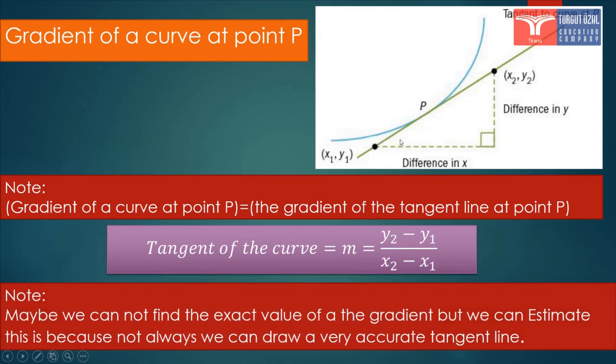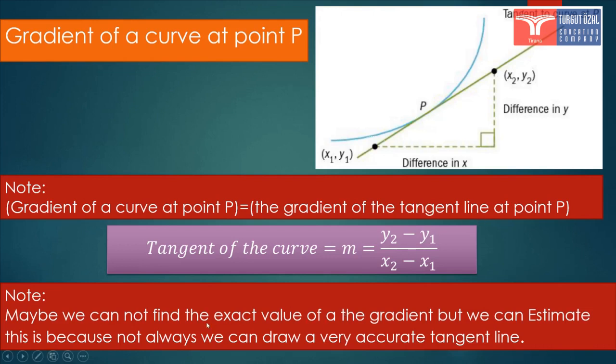But we need to be careful because we cannot always find an exact value for the gradient, because it is difficult to draw an accurate straight line. We need to be very careful to draw the tangent line here. To draw it better, we can use millimetric paper, which can help us draw an accurate straight line.